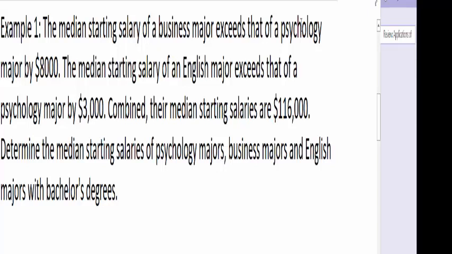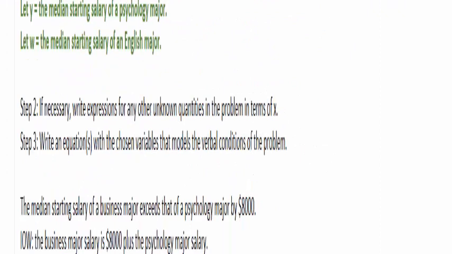So it means if we knew what a psychology major's starting salary was, we would add $8,000, and that would give us a business major's salary. Or stated in terms of English, my understanding of this is the business major salary is $8,000 plus the psychology major salary. Since I decided that X was my business major, that equals Y, which is my psychology major, plus $8,000. So this is written in terms of math.